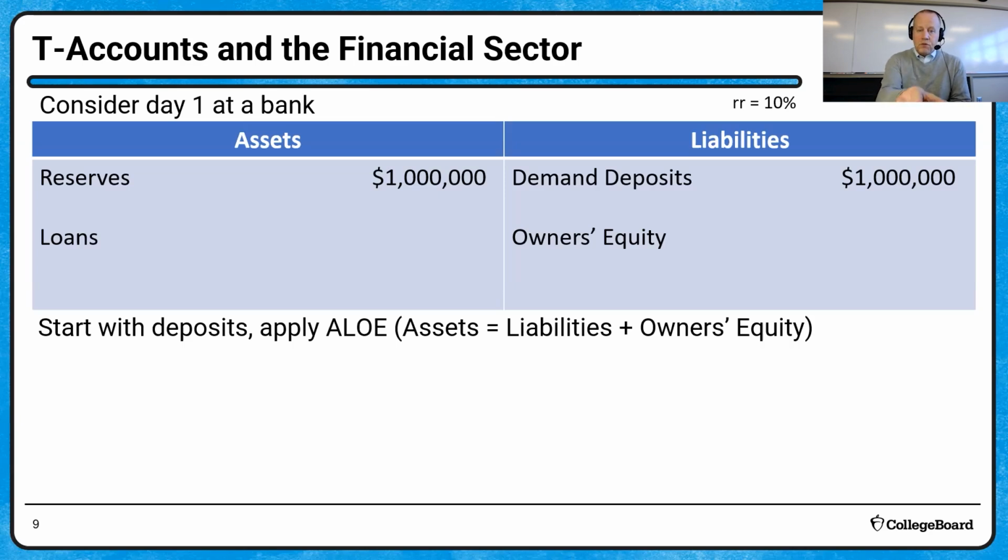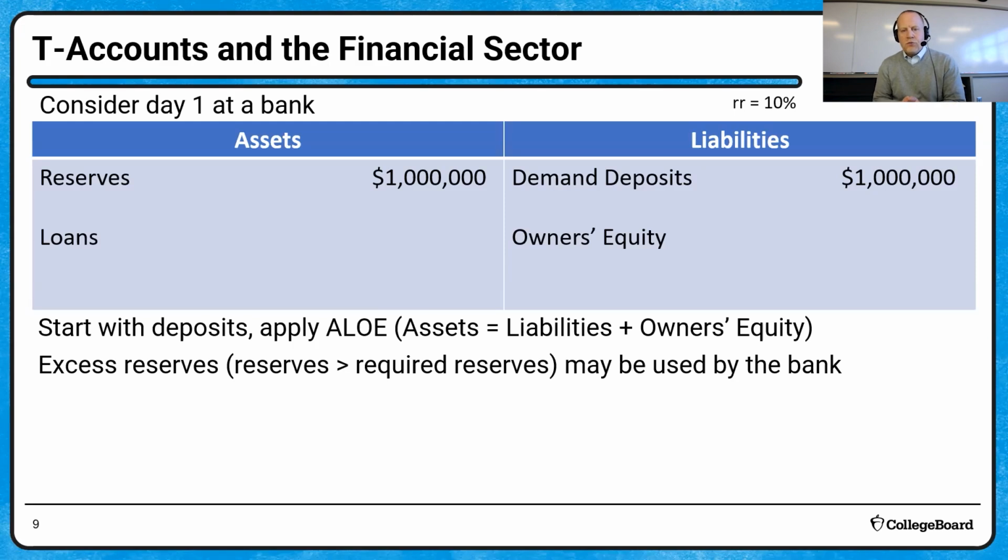Now, given the conditions we have here, they can't lend the entire $1 million, but they can lend most of it. That's because we have what's called a fractional reserve system. And again, that's an important point when learning about the financial sector, money creation, and the way all of this works as we start doing these problems.